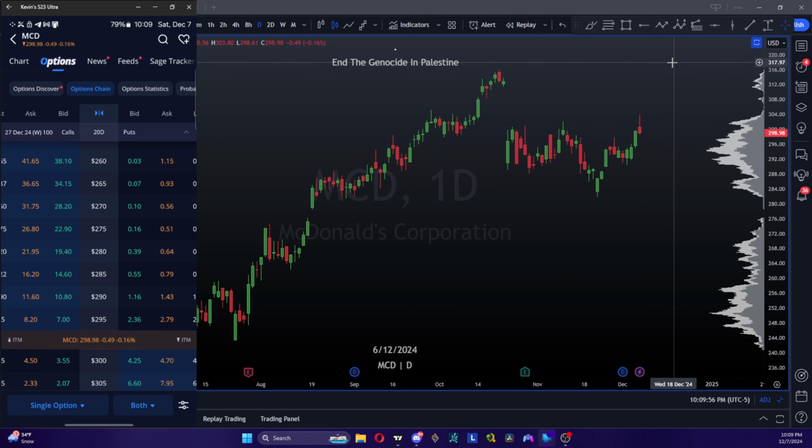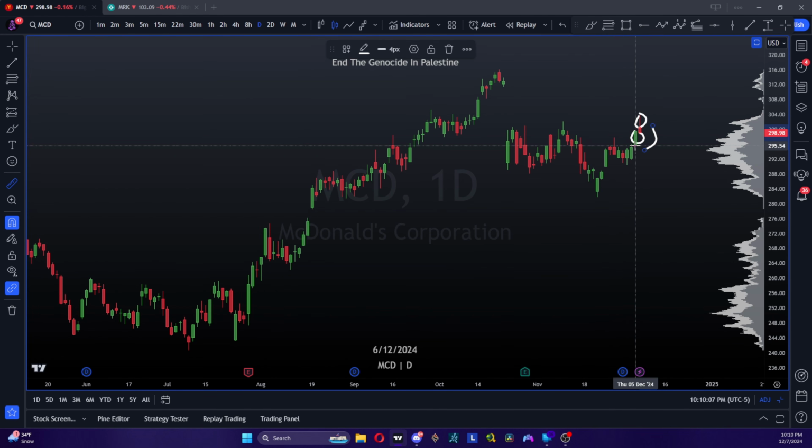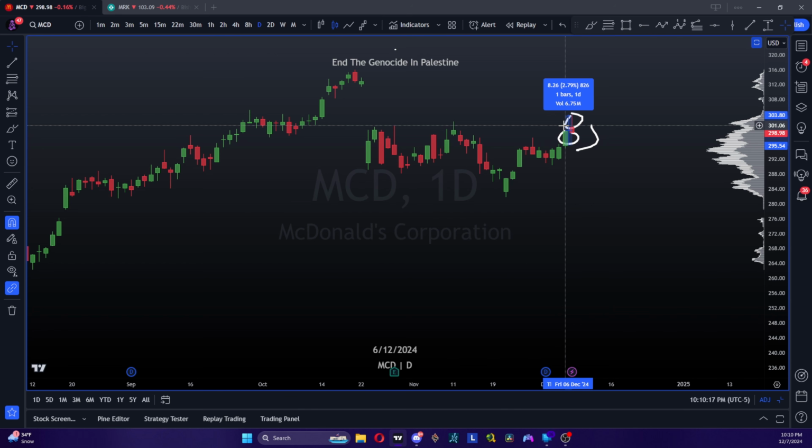Yeah, so you could see here, Thursday is this candle, this is Friday. In this much of a move, a 2.79% stock move, it warranted how much percent? It went up to 200%.